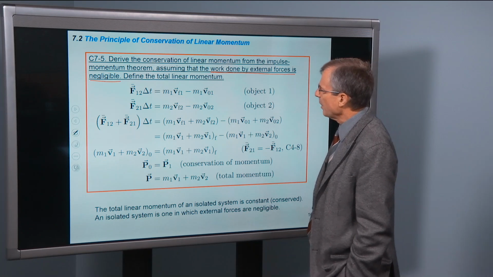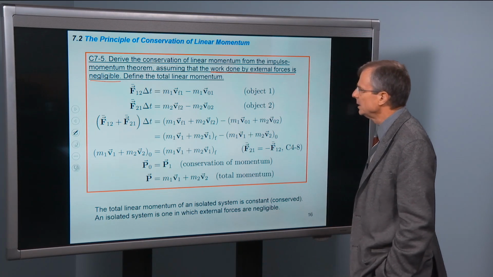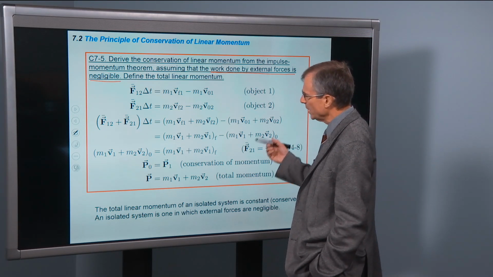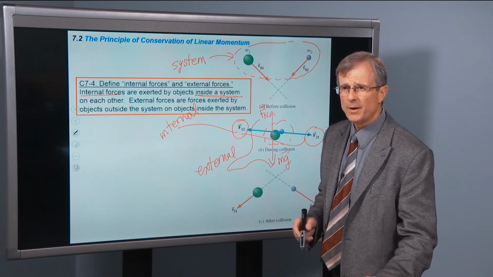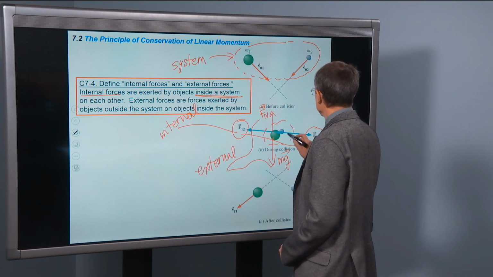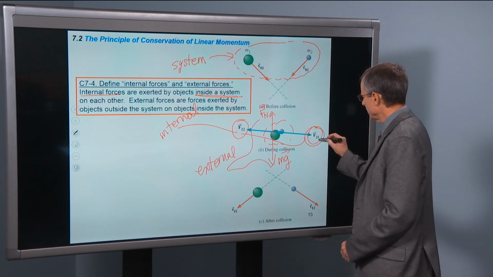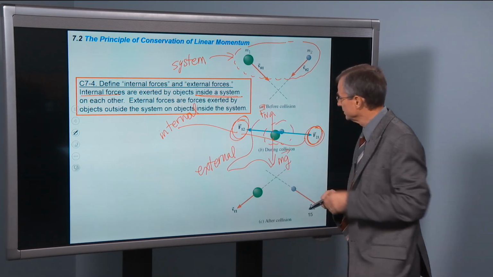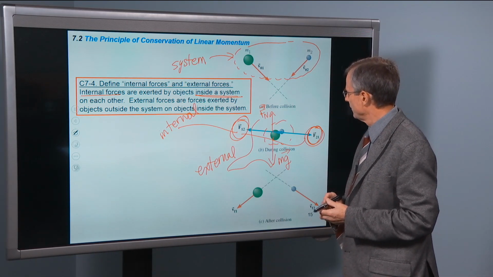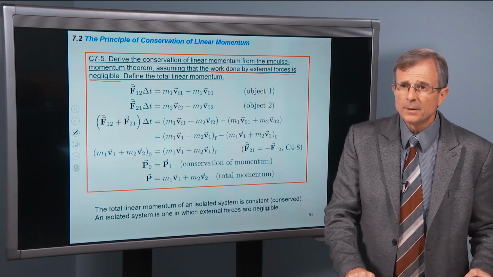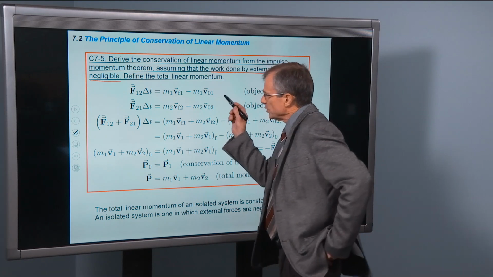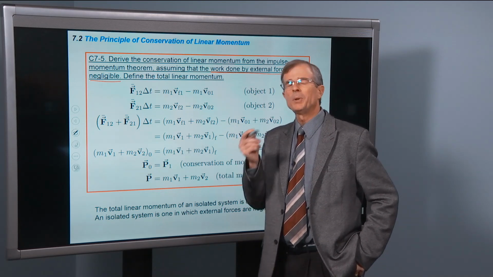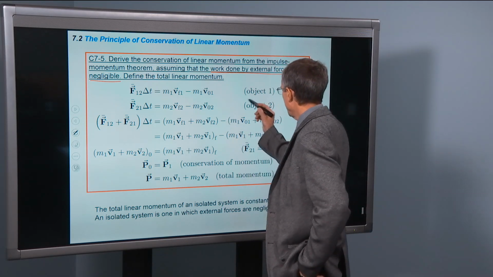All right, and then what we want to do is to define the total linear momentum. So if we have two objects, Object 1 and Object 2, just like in this diagram here, we have a force of Object 2 on Object 1, that's this force, and a force of Object 1 on Object 2, that's this force. And if we want to apply the impulse momentum, what we'll first do is apply the impulse momentum theorem to Object 1.